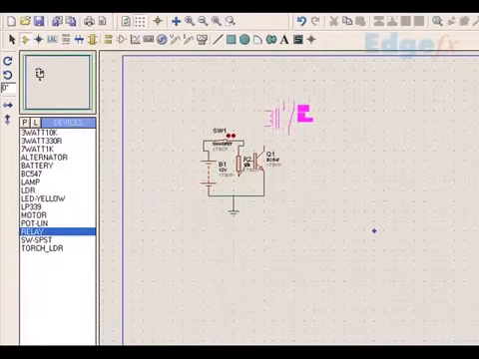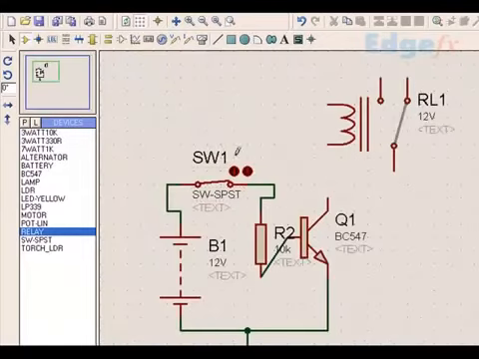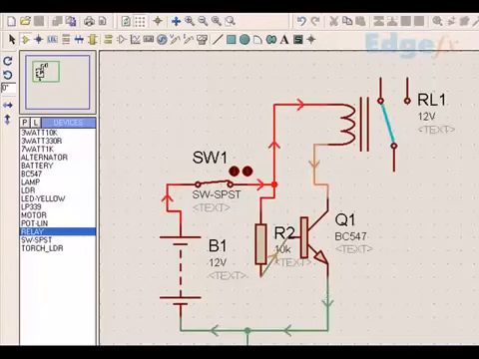I put the relay here, right? And if you are not able to see it better, let me zoom it. And what I do is I take this positive supply. Obviously this is the positive supply. When the switch is closed, this positive supply is available here, and I connect this to this. Alright, now let's see how it behaves.